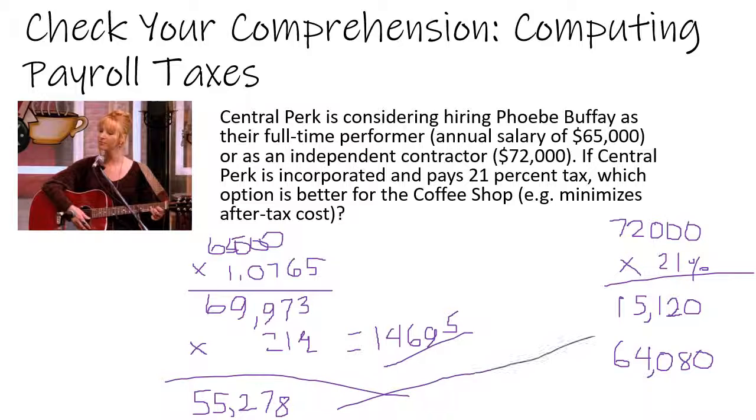The company saves themselves around $8,500 by hiring Phoebe as an employee instead of as a contractor. This assumes that Phoebe doesn't receive any fringe benefits, which is likely untrue.